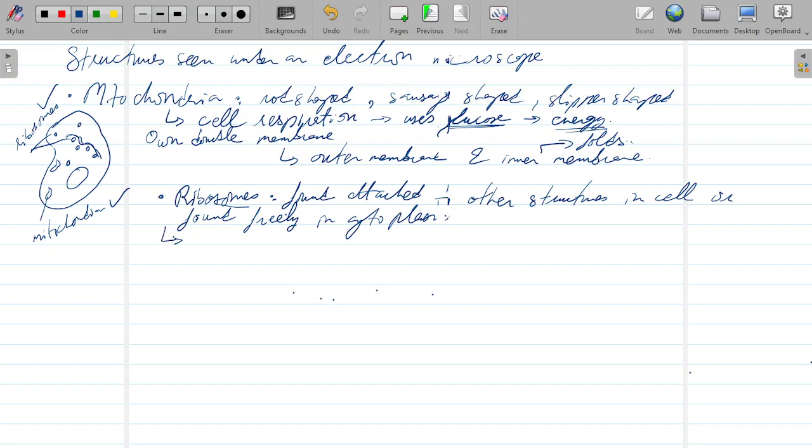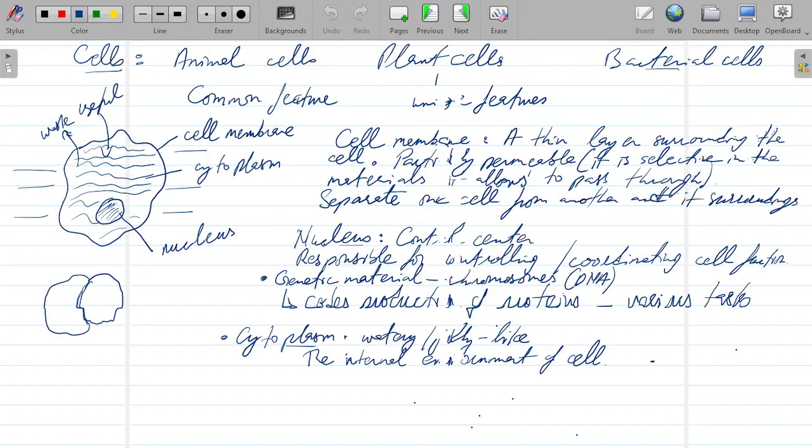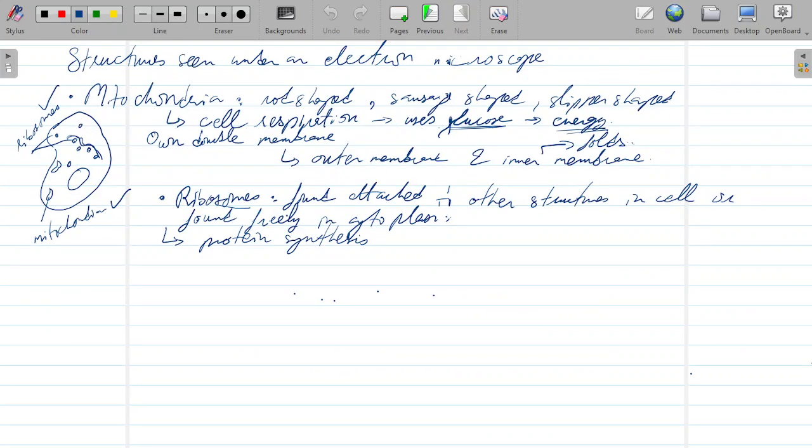It is at the ribosomes that protein synthesis occurs. We talked about the nucleus controlling the production of proteins. We will talk about how that works, not in a lot of detail. Whatever happens in the nucleus then moves on to the ribosomes where these proteins are actually made. Synthesis means making. These proteins are made at the ribosomes, and then they go on to do their task.